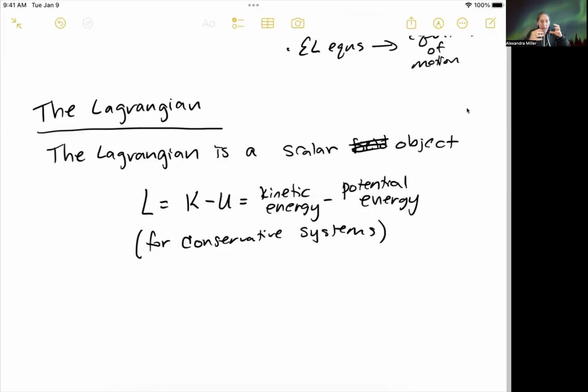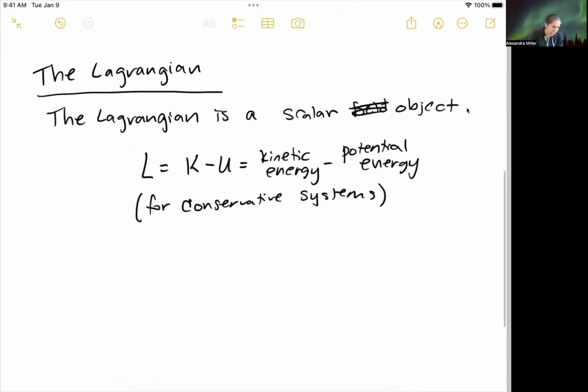Is the ball just attached to one spring and it's vibrating and then it has some potential energy associated with that? Are there two springs maybe? Is there also gravitational potential energy? So we think about all of these energies and then we can write this thing down called a Lagrangian. And we think of that as sort of defining what system are we dealing with? What physical system are we dealing with?